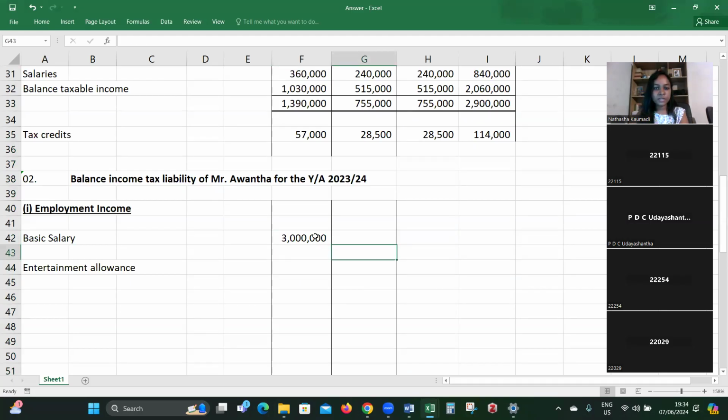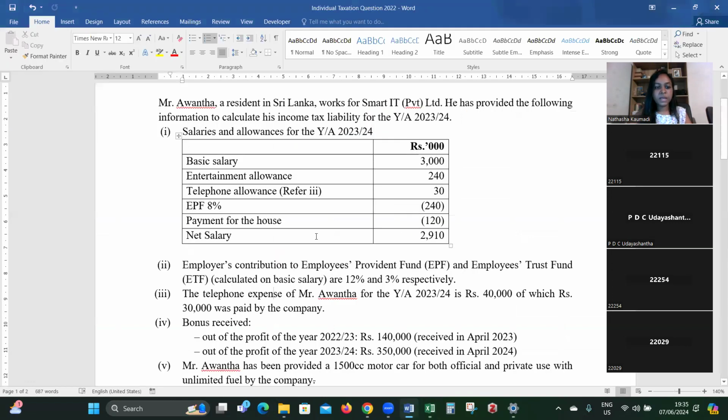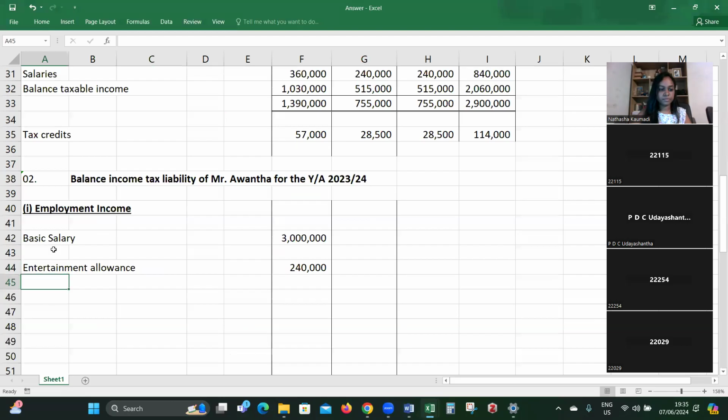I'll be using the second column for the computations. 240,000. You also can do the same thing. And then we have the telephone allowance.